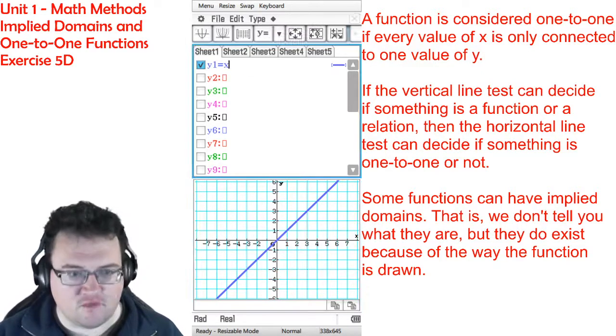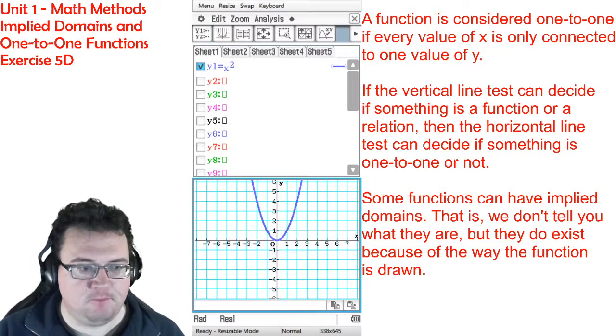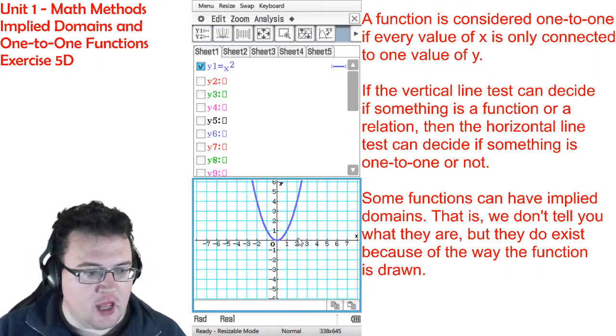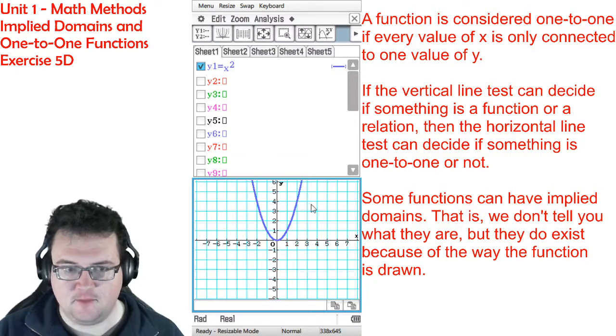An example of sharing might be y equals x squared, where multiple values of x can actually be connected to the same value of y. So if I look here at y equals 4, there are two possible answers to that.